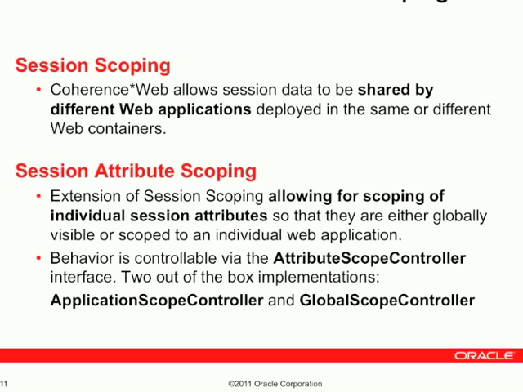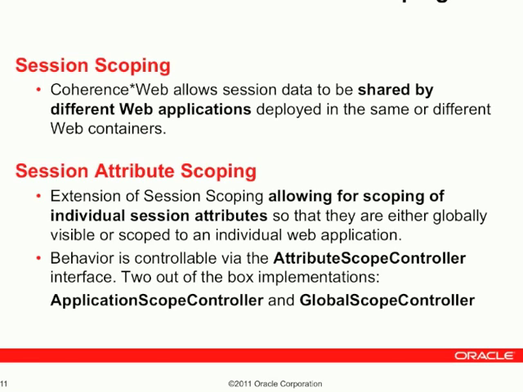And with the global scope controller enabled, effectively what this allows you to do is access HTTP session attributes from a different application. Now, obviously, the namespaces have to be unique, and if they collide, you can have one application overwrite another application's HTTP session data.